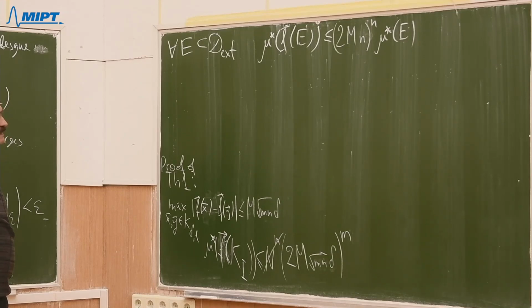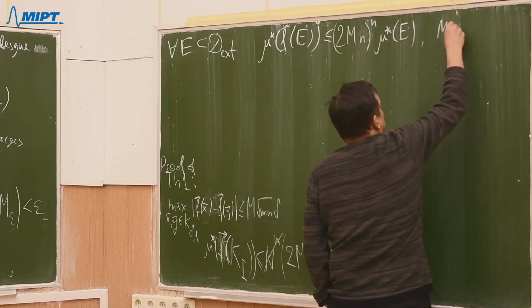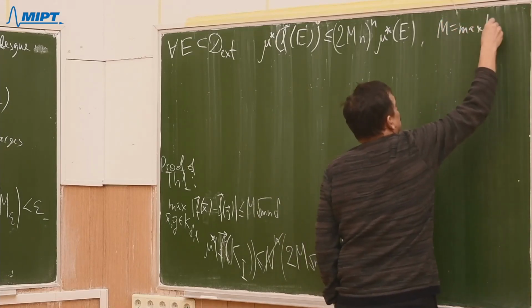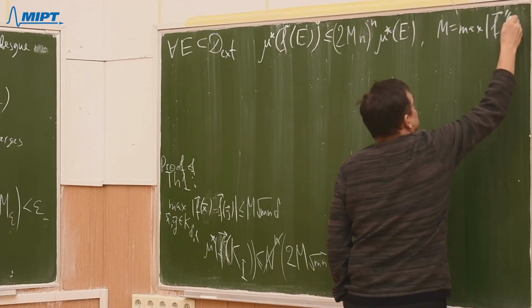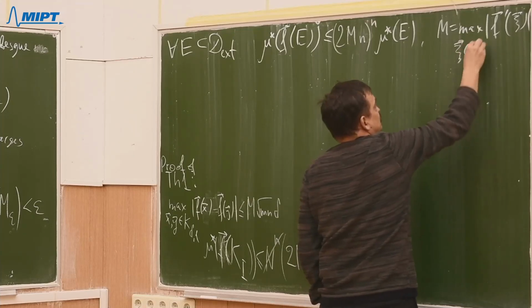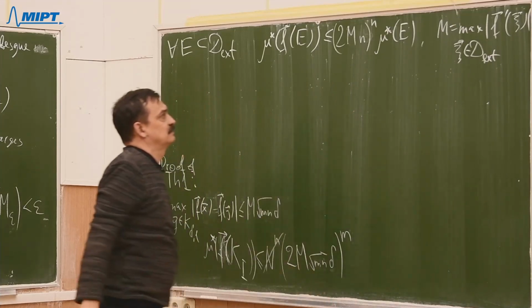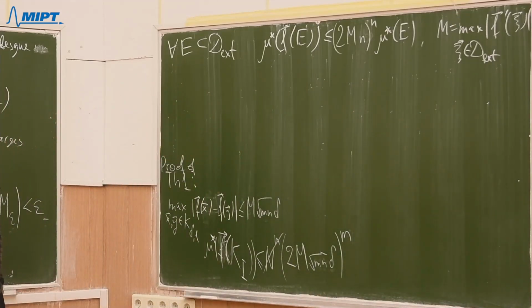And what is capital M? Capital M is the maximum of f prime at xi for xi in this domain.